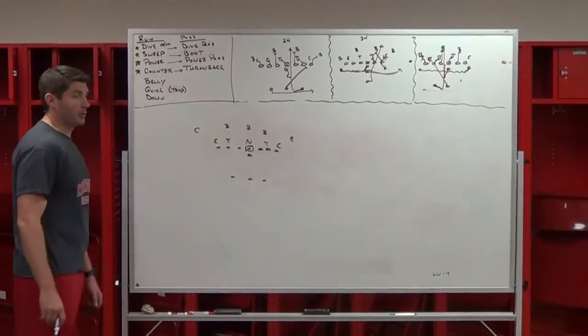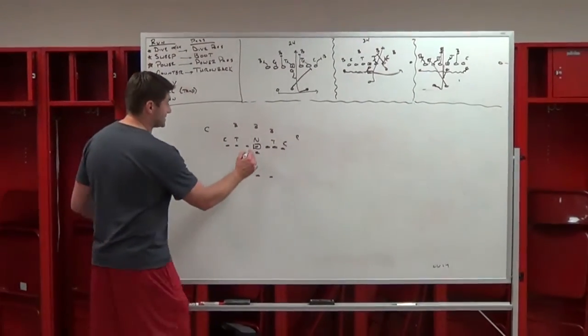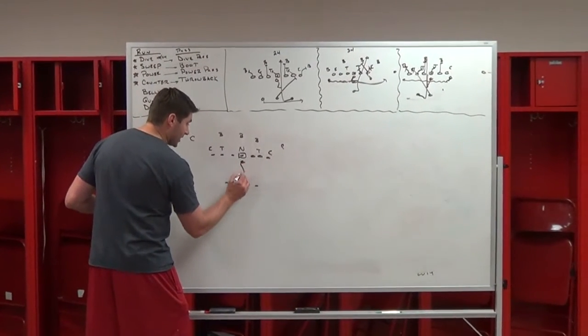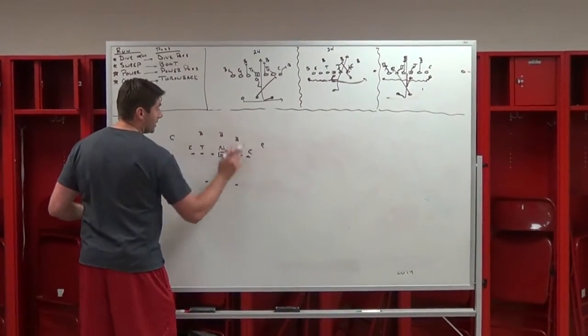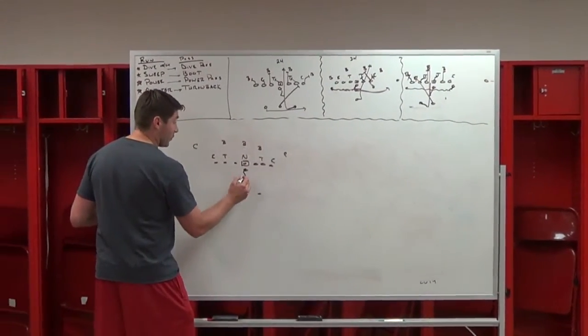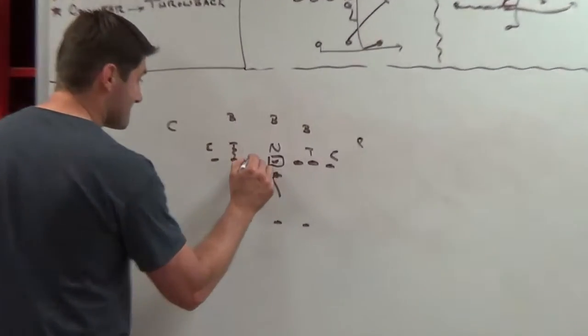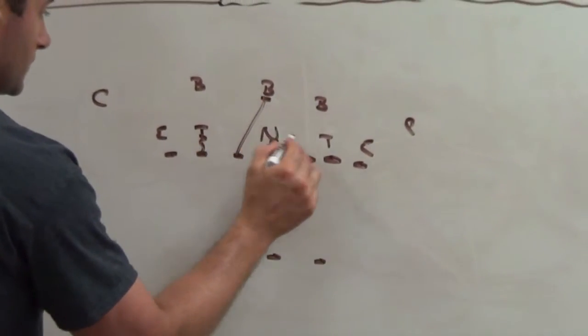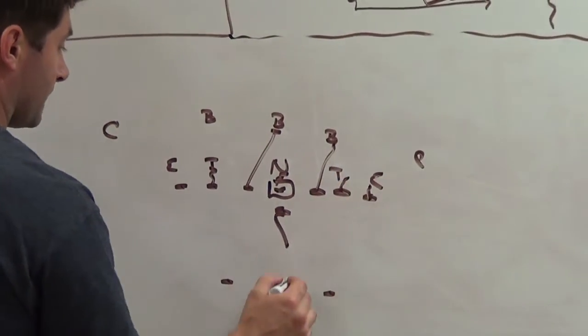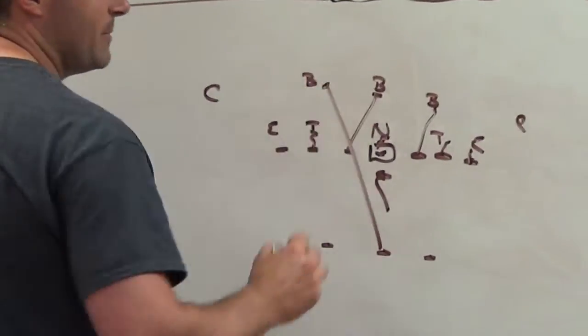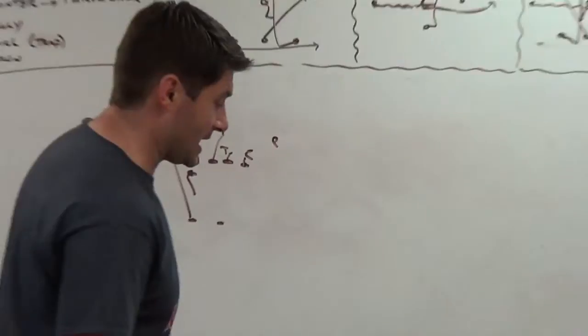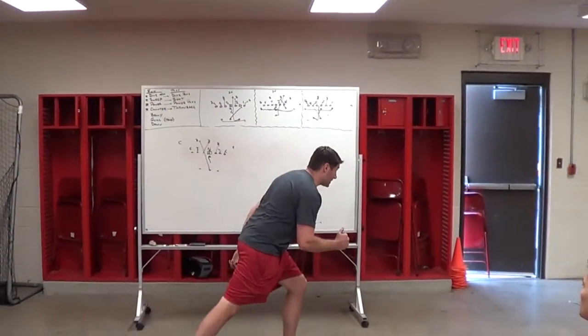We're going to try to get split flow here. And what I mean by that is that quarterback is going to open up right here, and we're going to try to get flow going to that side, except for the fullback. The fullback is going to come up, and he's going to lead on this back.